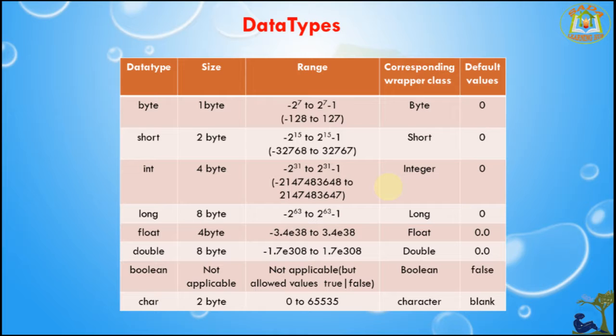The range is minus 128 to plus 127. The most significant bit acts as a sign bit: 0 means a positive number and 1 means a negative number. Positive numbers are represented directly in memory, whereas negative numbers are represented in 2's complement form.